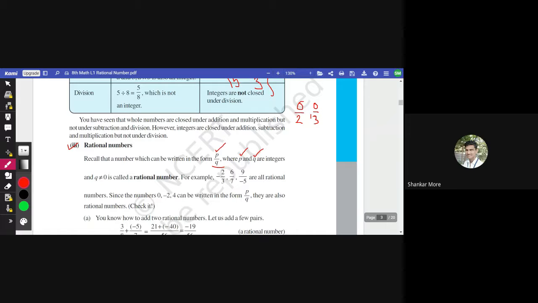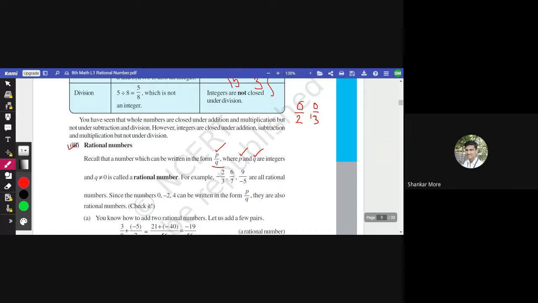When you go to the higher standards, you will see irrational numbers as well. That is not the topic to discuss here. We will keep that topic for your future standards. Maybe in 10th or 11th you are going to come across irrational numbers, or maybe in this year itself. I'm not very sure.